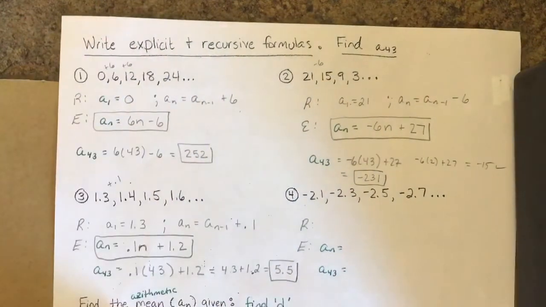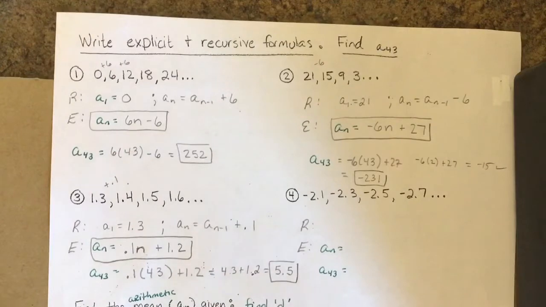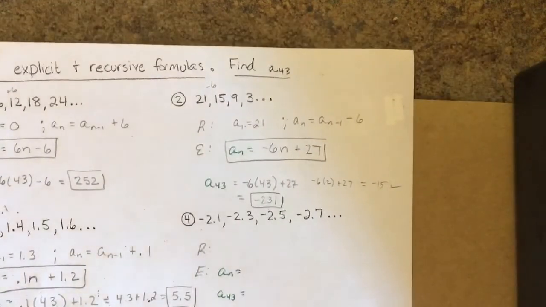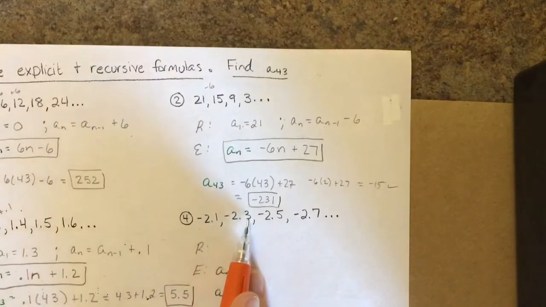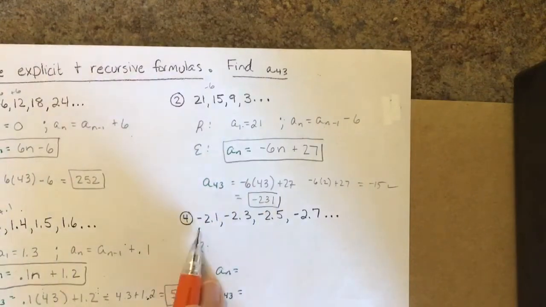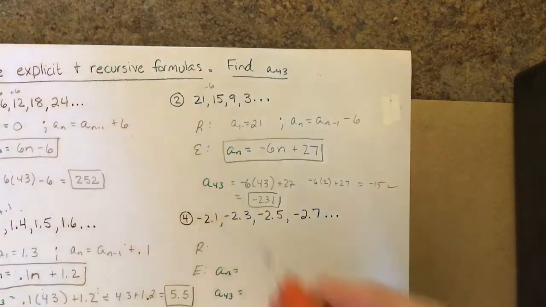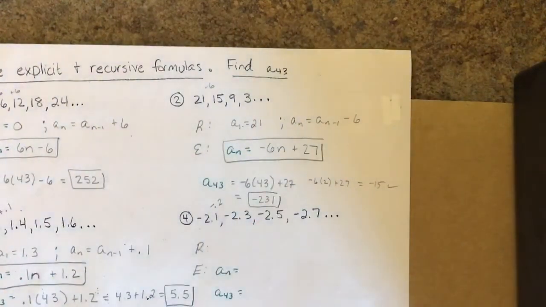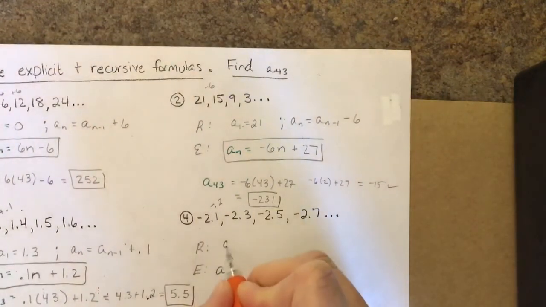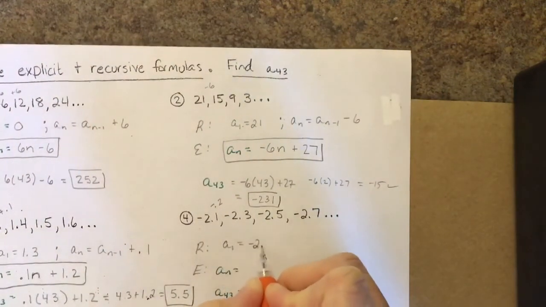Nice. Number 4. What's happening on this fourth one? Negative 2.1, negative 2.3, negative 2.5. This is going down by how much each time? Looks like negative 0.2. So the recursive formula lists the first term.